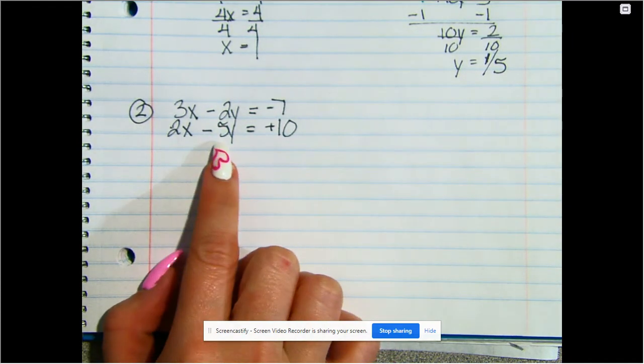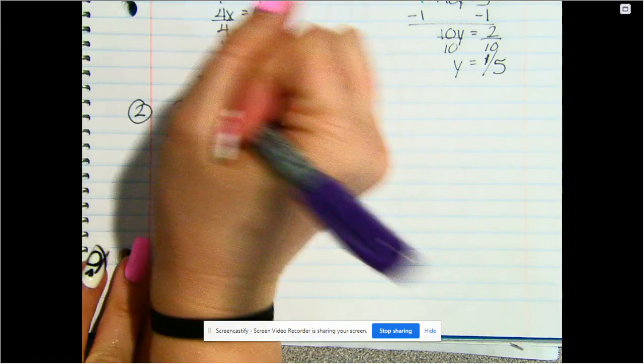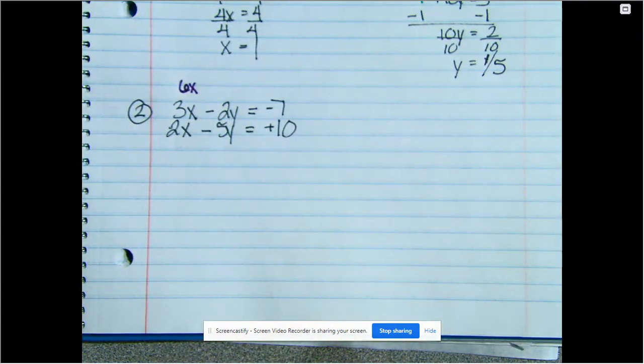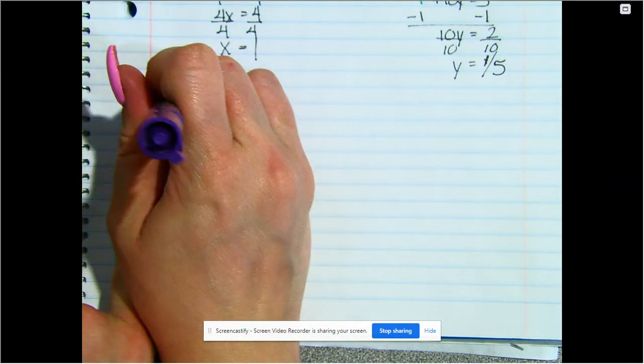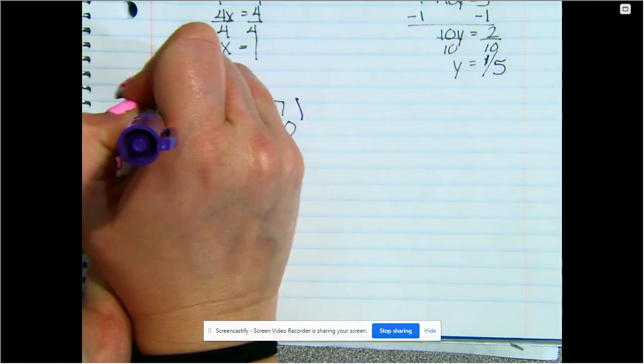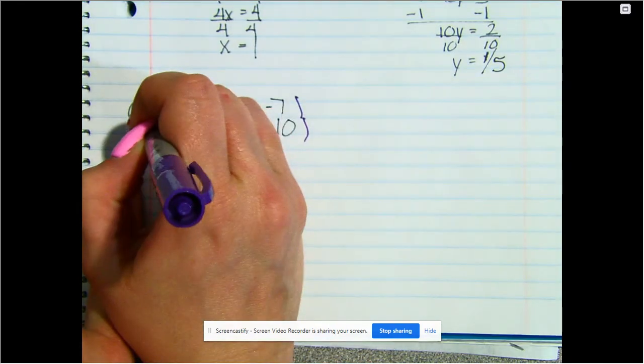Same thing here with the y values, and you just pick whether you want to eliminate the x's or the y's. I am going to go with just eliminating the x's, and the common number that I want to make is 6x. Okay, so in order to make 6x, I need this set here to be multiplied by 2, and the bottom set will need to be multiplied by 3.